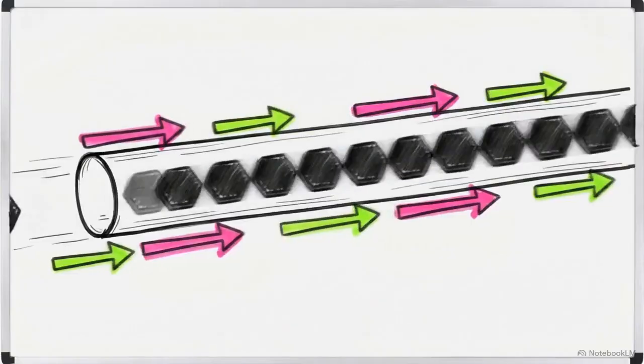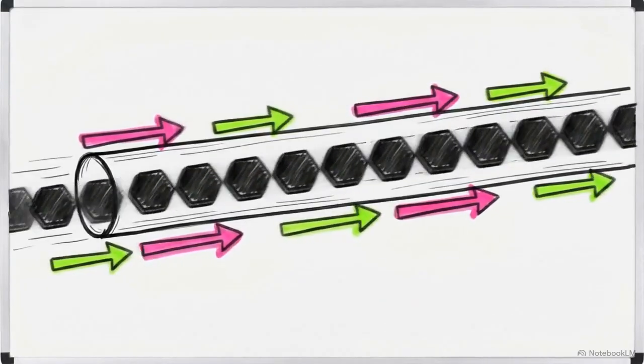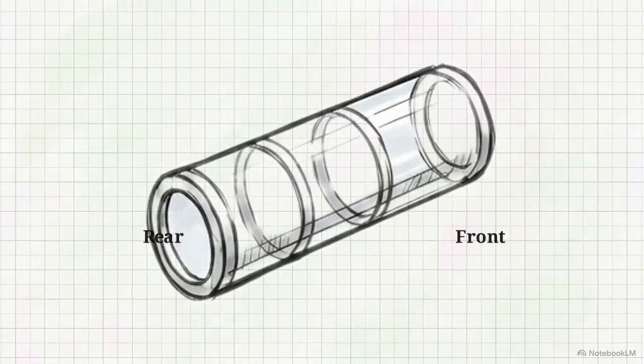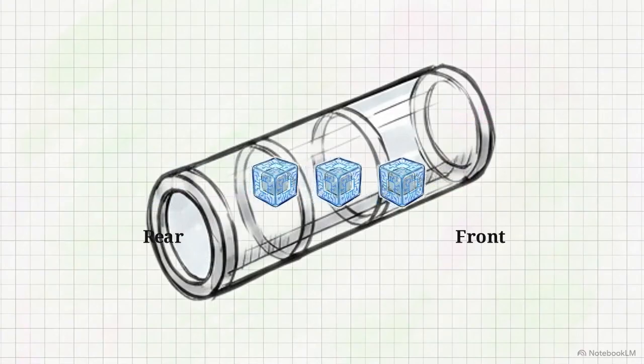Now consider a geometric constraint that is open at both ends, but where data traffic flows strictly one way. This is a queue, governed by the rule first in, first out, or FIFO. In a queue, insertions, called enqueue, occur only at the rear, while deletions, dequeue, happen at the front.